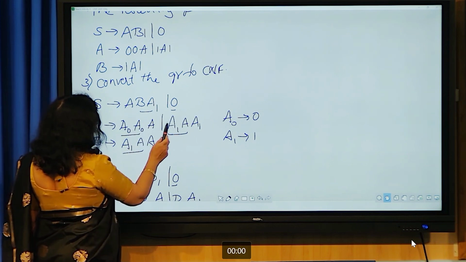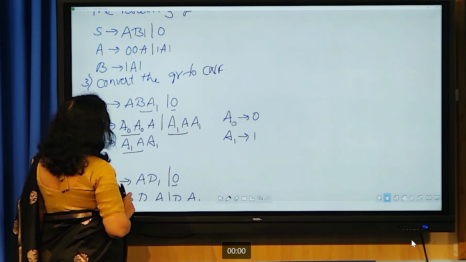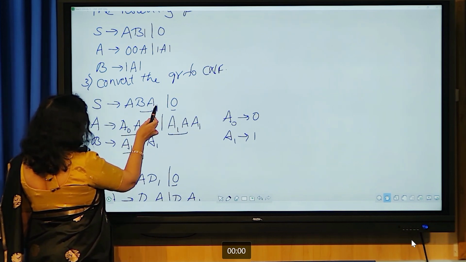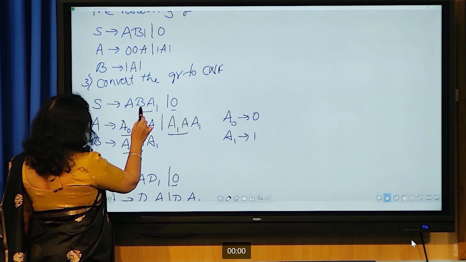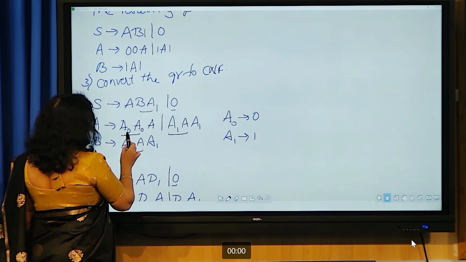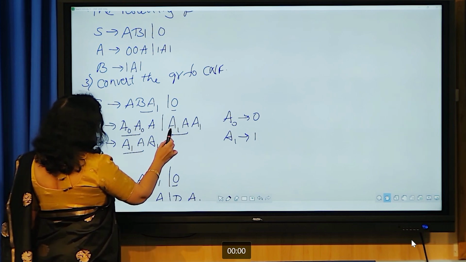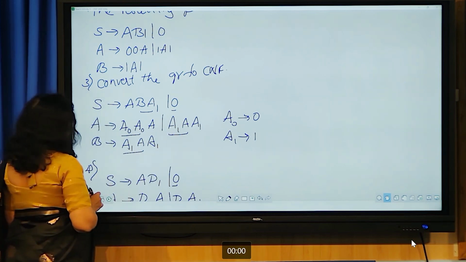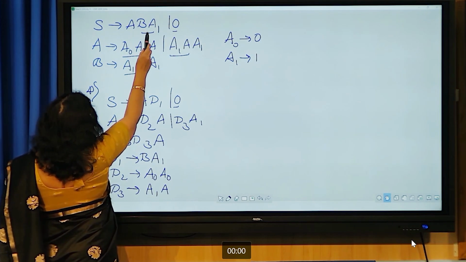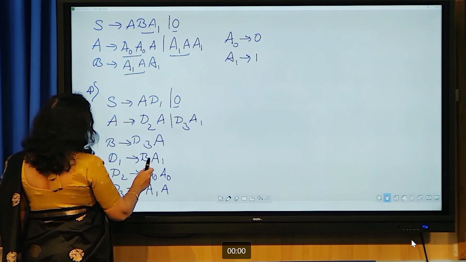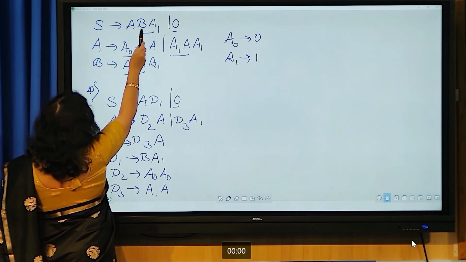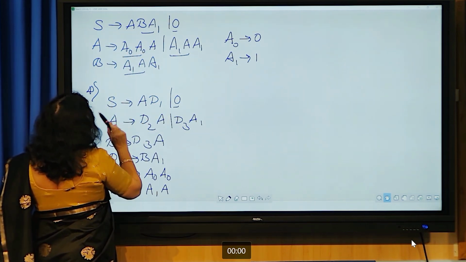Again there are three variables, so the grammar is not in CNF. We can take any two productions, either AB or BA1. I have taken the last two productions and combined them. Here I have taken A0 A0, here I have taken A1 A. So for BA1, I have introduced one new variable D1. So S produces AD1 or 0.